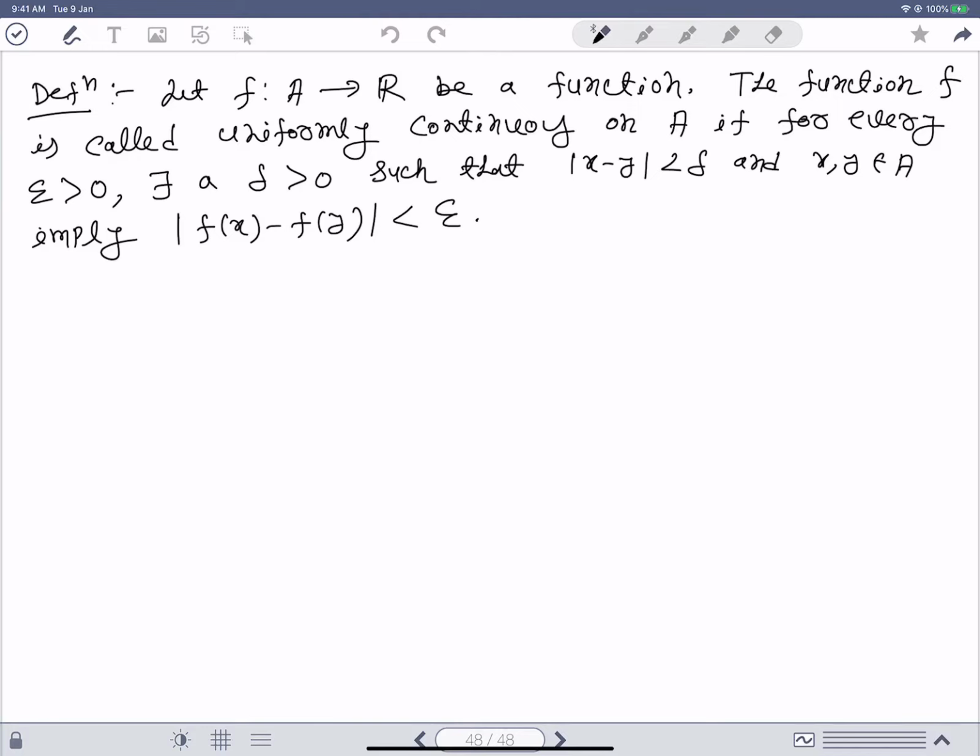Okay. So this is the definition of a uniformly continuous function on a domain A.